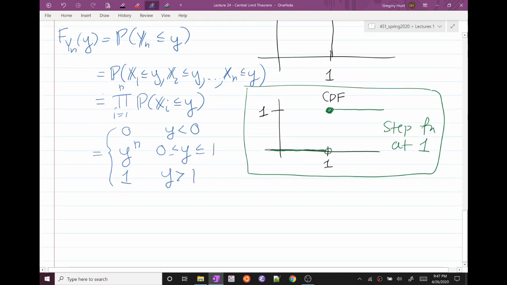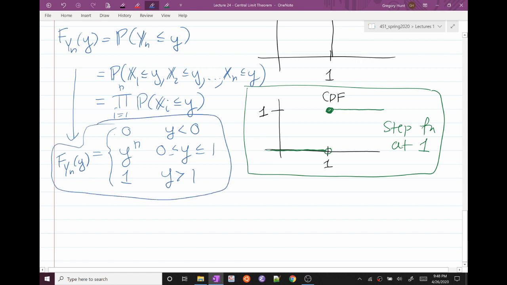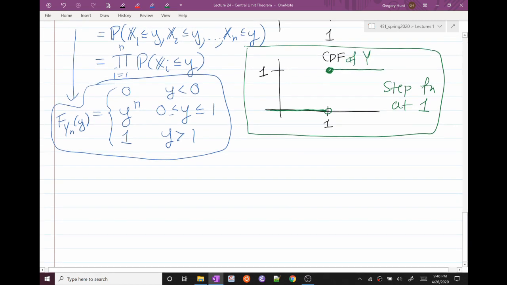So this is our CDF, just pulling this down here, this is our CDF of Y sub n, in the green box here. On the right, we have the CDF of capital Y, which is our proposed limit.